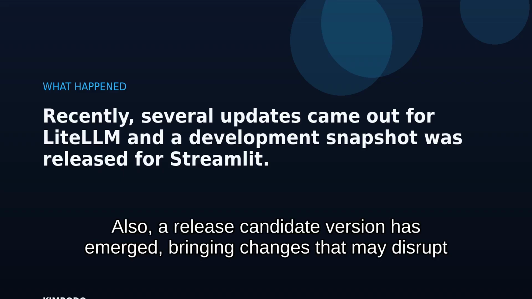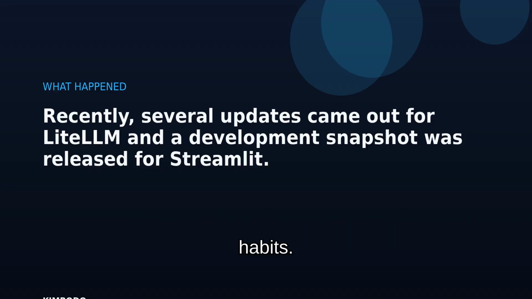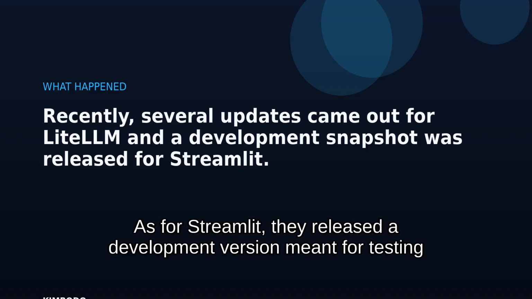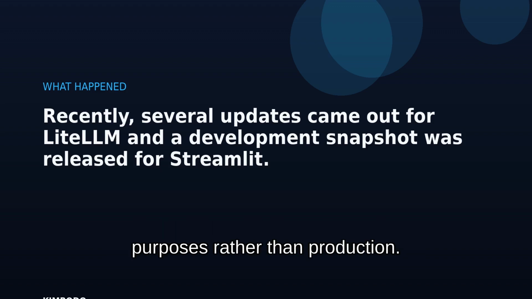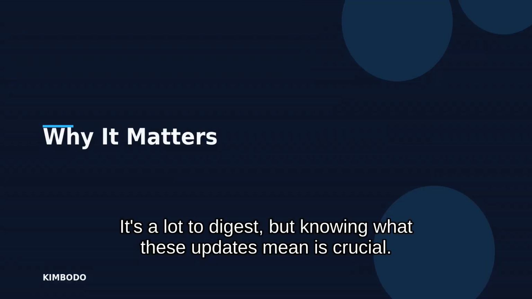Also, a release candidate version has emerged, bringing changes that may disrupt existing behavior, such as proxy configurations and pooled connection habits. As for Streamlit, they released a development version meant for testing purposes rather than production. It's a lot to digest, but knowing what these updates mean is crucial.